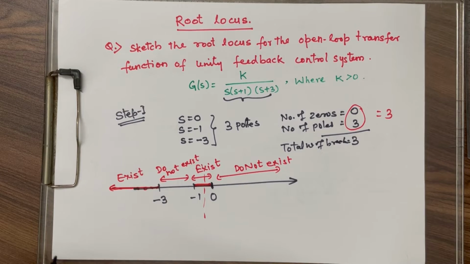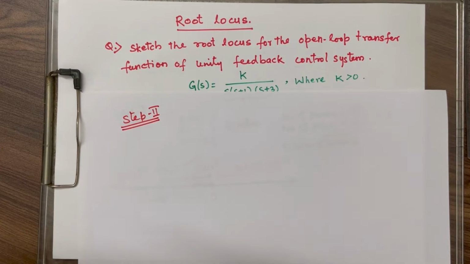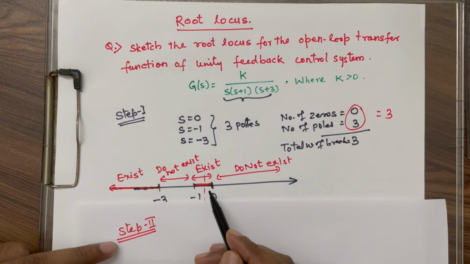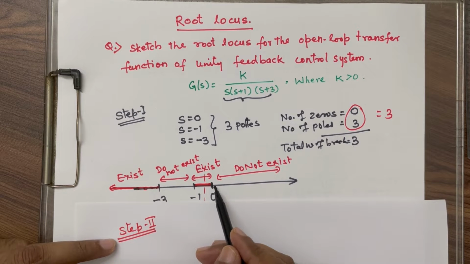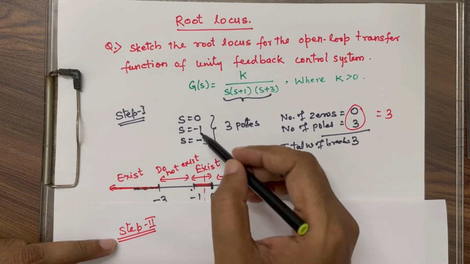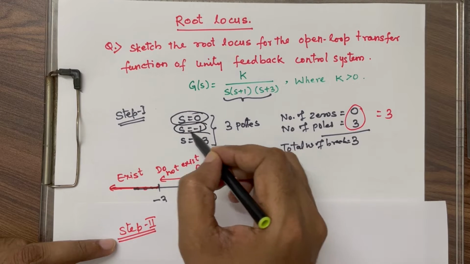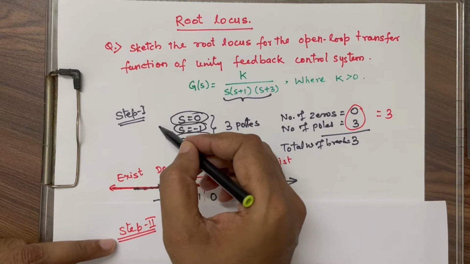Next we will see step 2. Since the roots on the real axis start from 0 and minus 1, all the branches must start from these points.